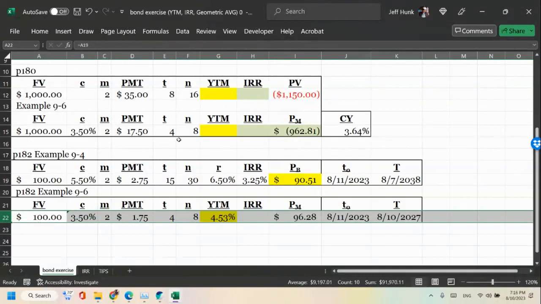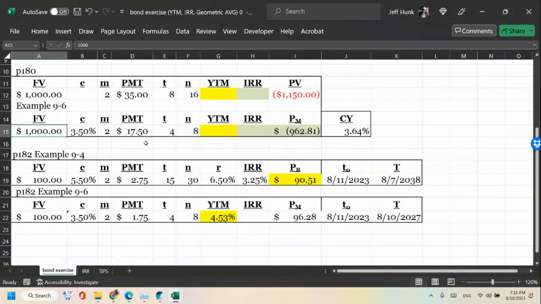However, here you can have it as its original. So here, we need to find the periodic rate using Excel's rate function.